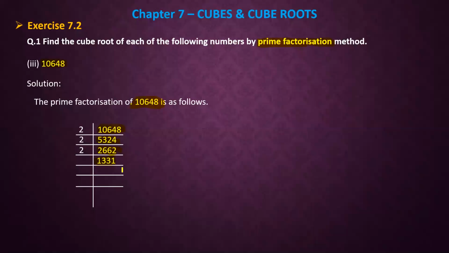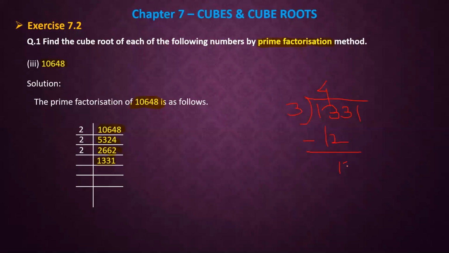And if we divide it by the next prime factor, which is 3, then it is found that 1331 is not divisible by 3. So we can see that division here. 1331 divided by 3: 3 4s are 12, so 13 minus 12, 1 is the remainder.